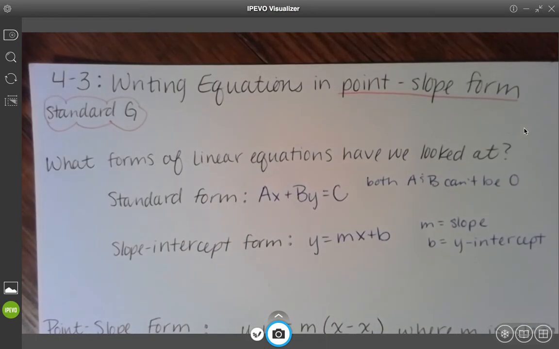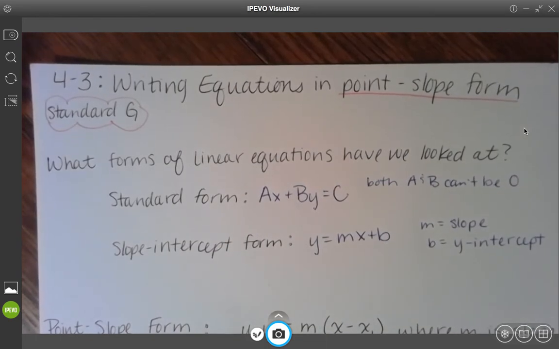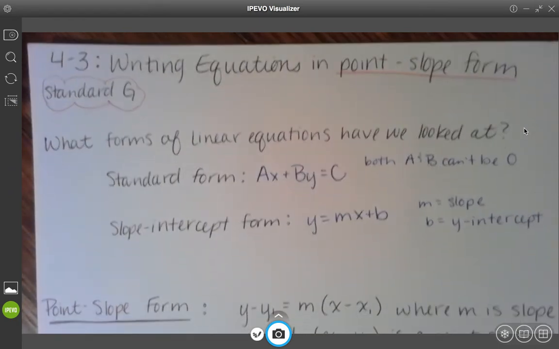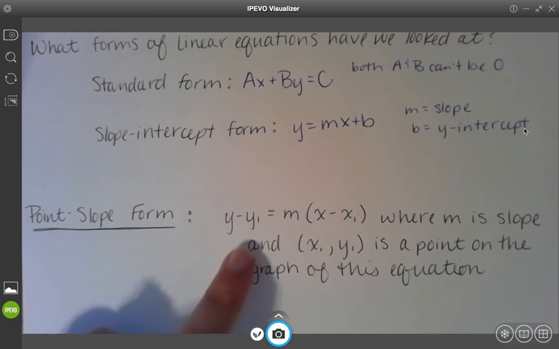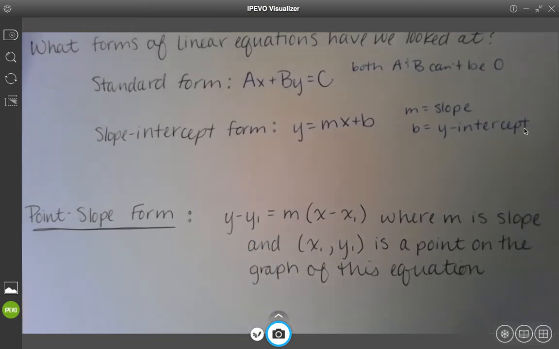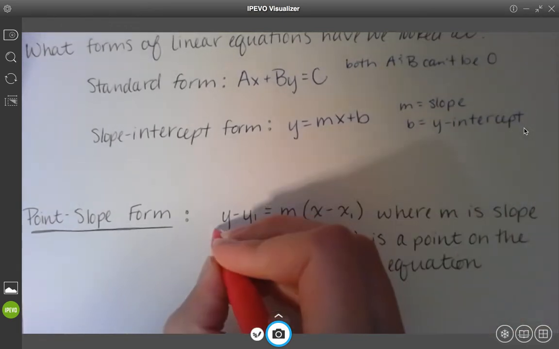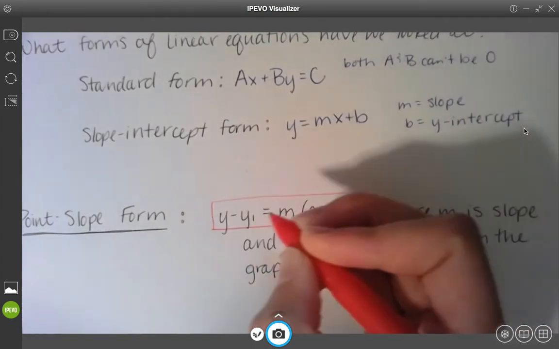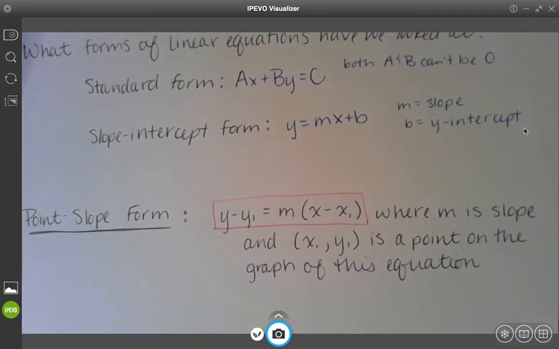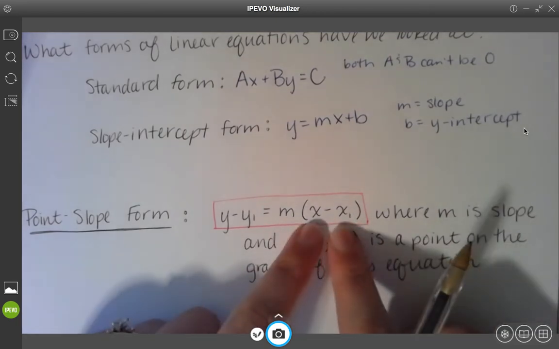All right, so this next form we're going to look at is point slope form. So what is this form? Point slope form is right here. Let's underline it so it sticks out. Maybe I'll box it off. It's y minus y1 equals m times the quantity x minus x1.